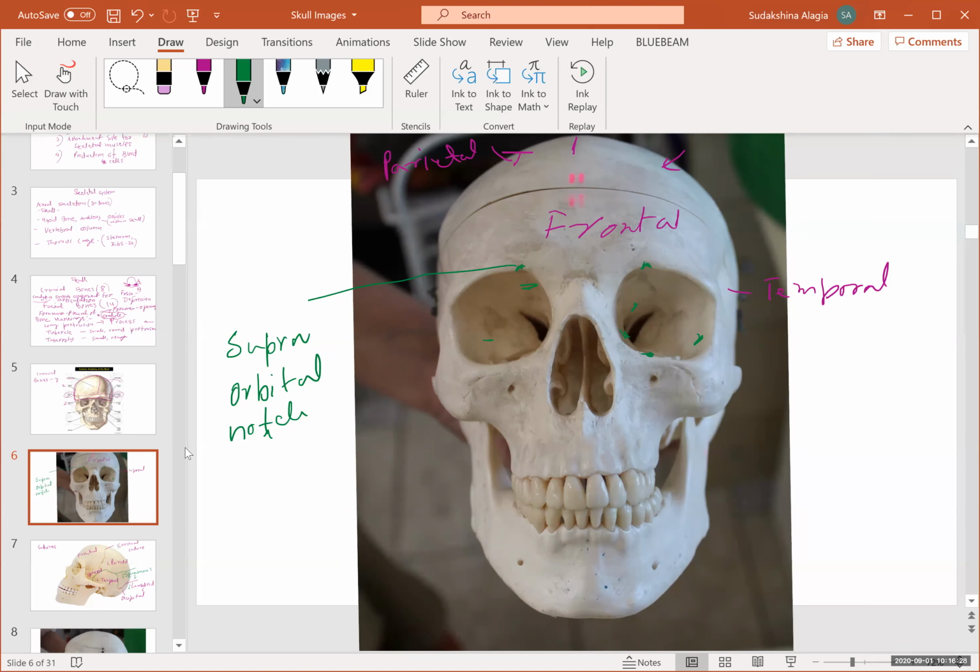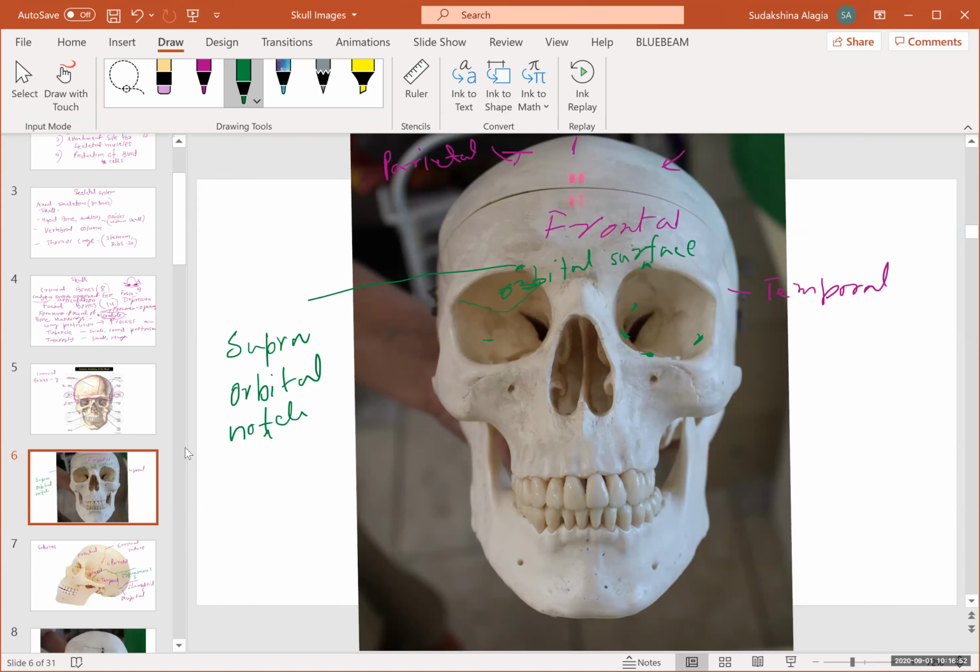So if you can identify frontal bone, you can see right there, this is the orbital surface. Initially, it's a little overwhelming, especially because we are looking at the images. But basically, that's the orbital surface.